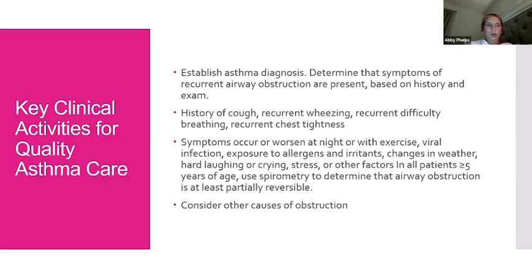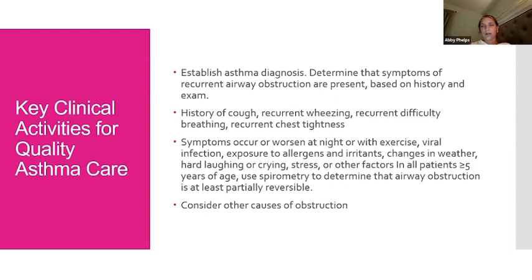Right, so, going over key clinical activities for quality asthma care. So, first, you want to establish an asthma diagnosis and determine that symptoms of recurrent airway obstruction are present based on history and exam.